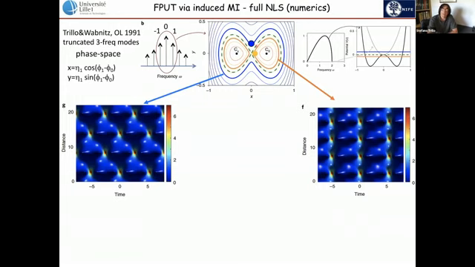And if I start from the orange or blue dot, essentially I get very different behavior. Here I get FPUT recurrence without any shifting, so you can see that the maxima are aligned here. Whereas if I start on the blue, then I get phase shifting from one recurrence to the next.